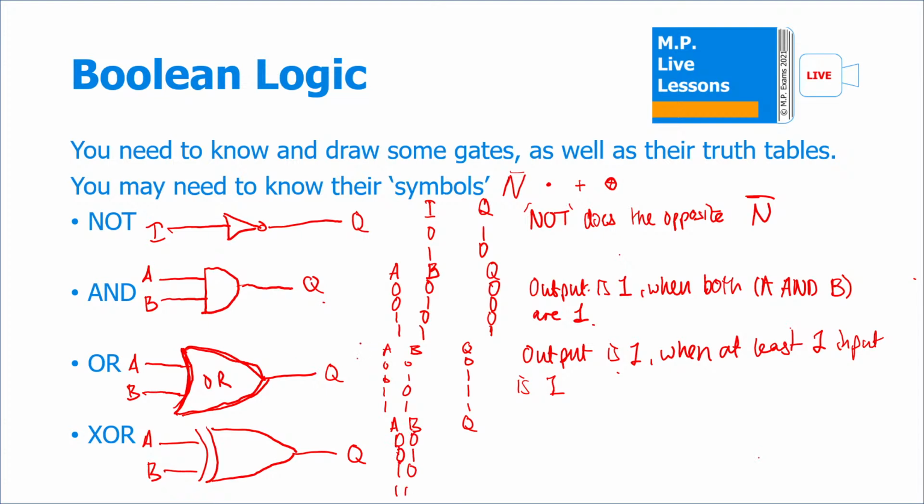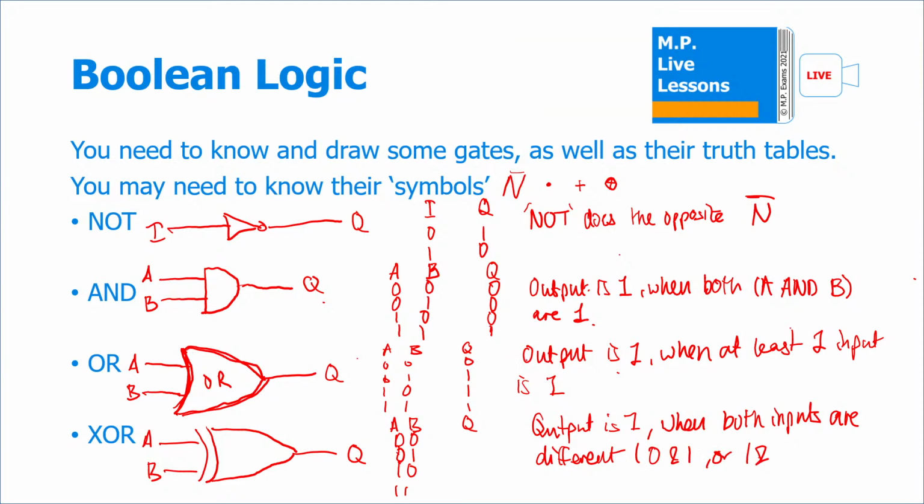Now this time the output is 1 when both inputs are different. So this is like when one of them is 0 and the other is 1. So 0 and 1, or 1 and 0.